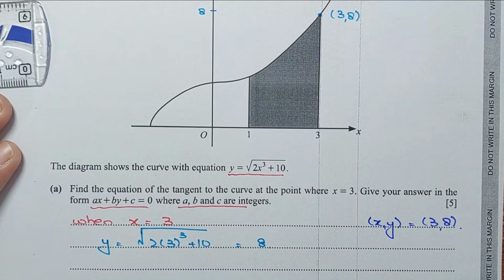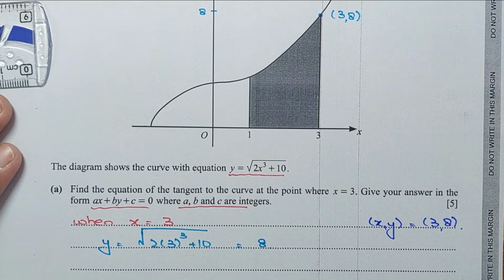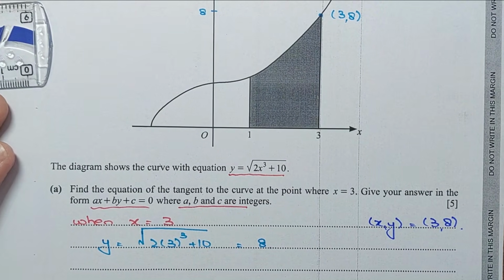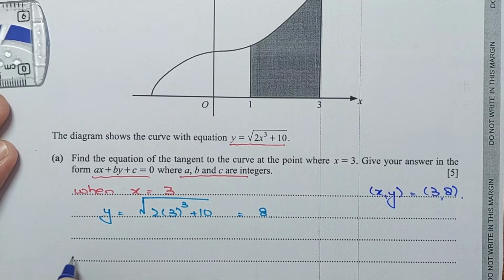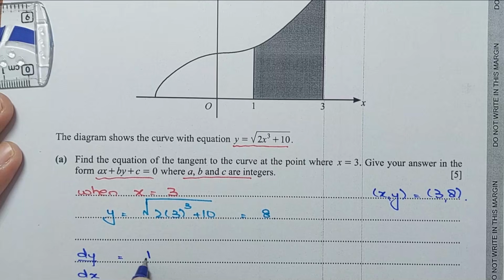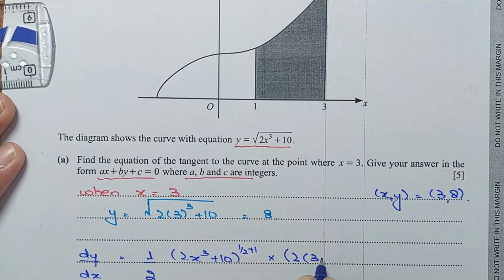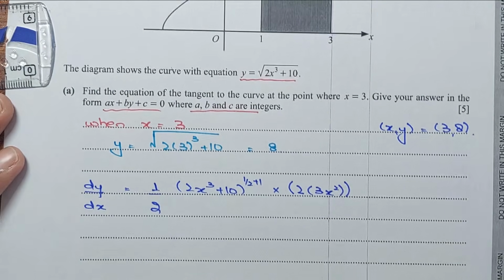Okay. Now for the equation of tangent, we need a point and we need the gradient at the given point. So let me solve for the gradient dy over dx. First the power, 1 by 2, multiplied by the derivative of the base function. 2 is as it is, the derivative of x cubed is 3x squared, and the 10 is a constant term, its derivative is 0, right?